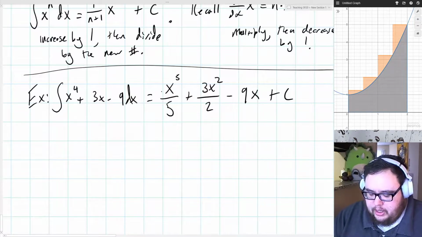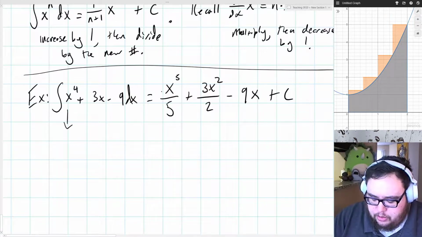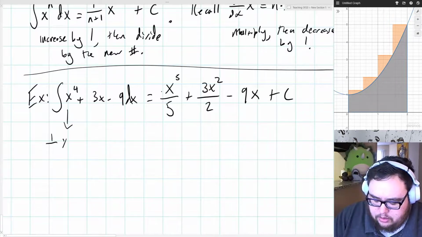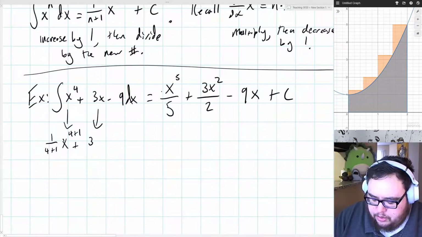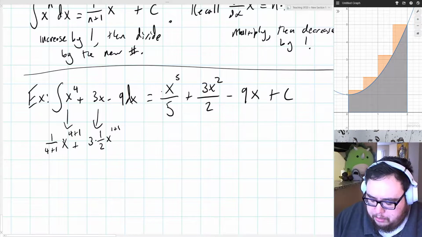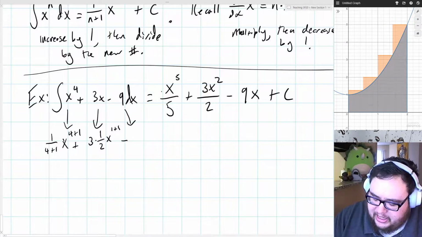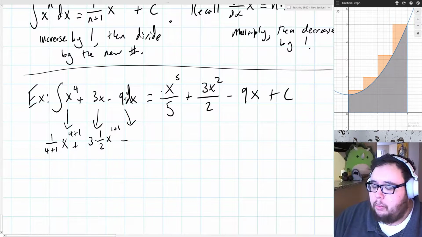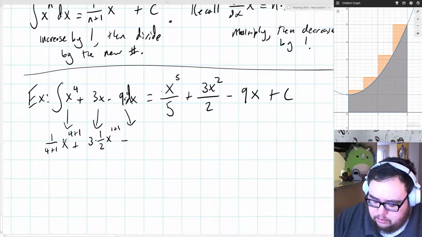Okay. x to the fourth turned into 1 over 4 plus 1 times x to the power of 4 plus 1. 3x turned into 3 times 1 over 2 x to the 1 plus 1. That 2 is still 1 plus 1, right? And 9x, that really had an x to the power of 0 on it, right? So the power went up by 1, and then we divided by 1. So 9x.